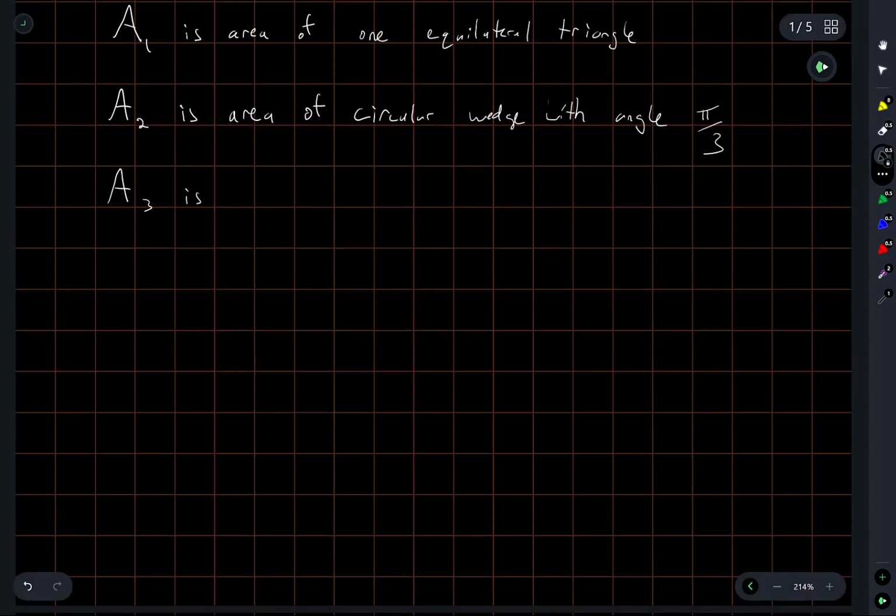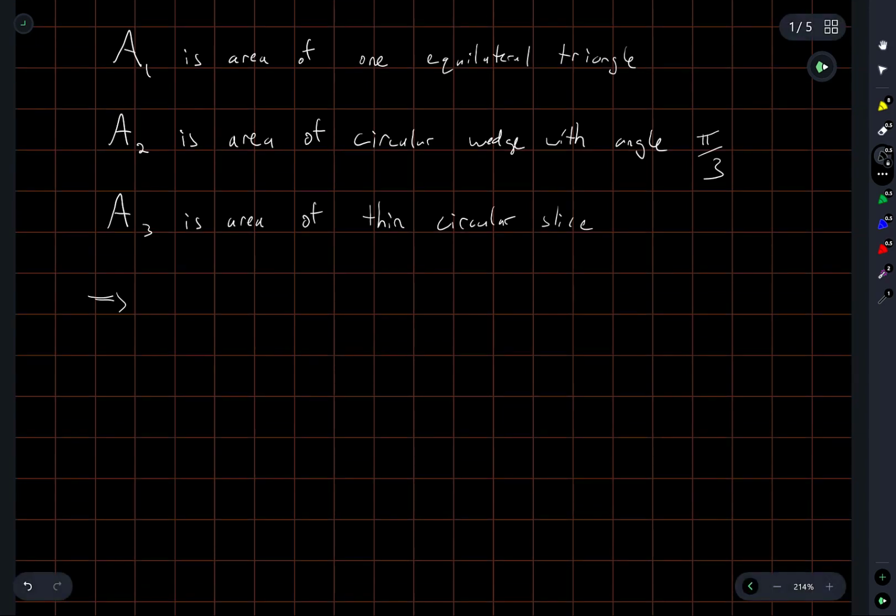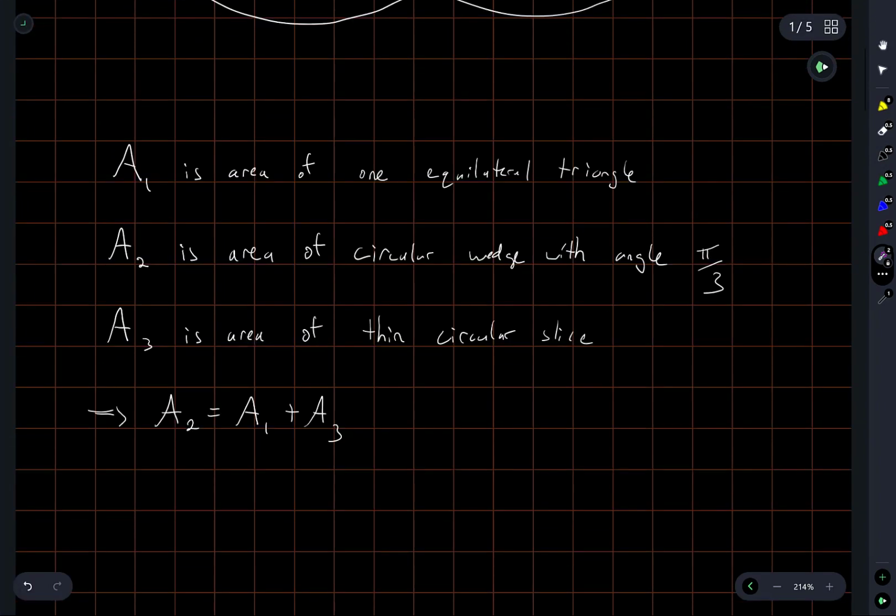A3 I'll call the area of a thin circular slice. And this means that A2 is equal to A1 plus A3. But it's going to be easier to compute the areas of A1 and A2 directly.